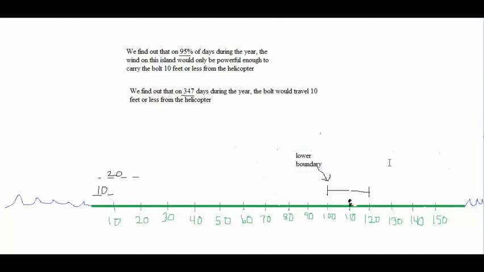And we could make 120 the upper boundary. So 100 is the lower boundary and 120 is the upper boundary.